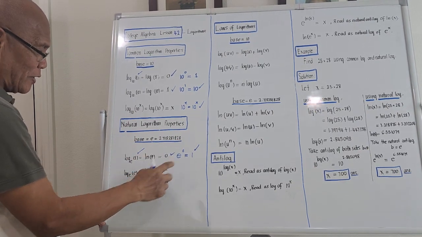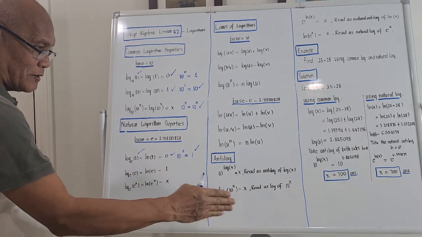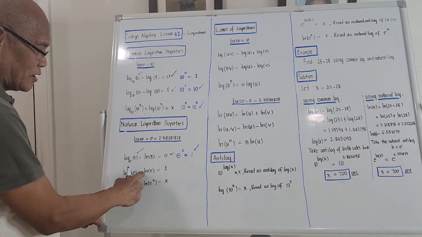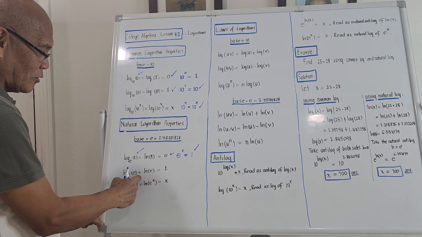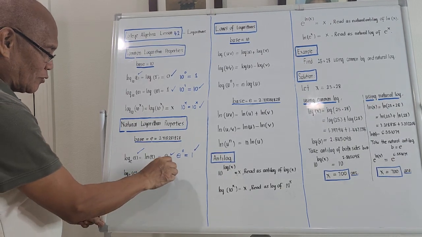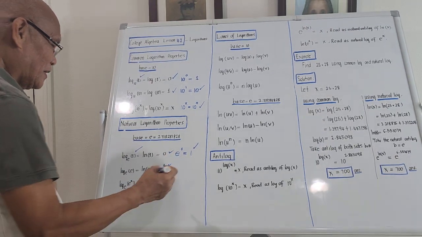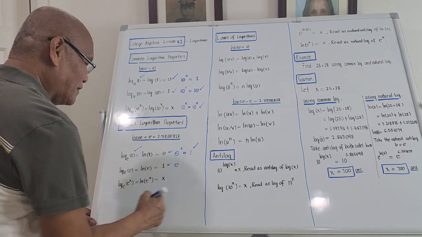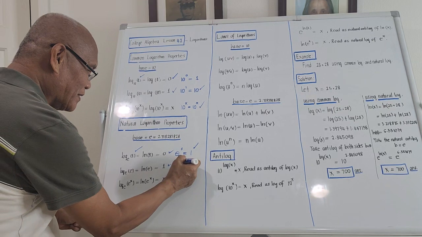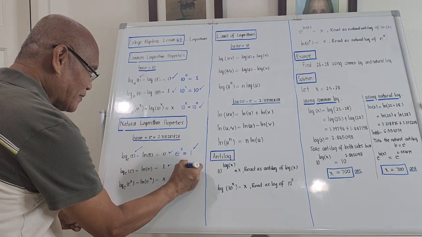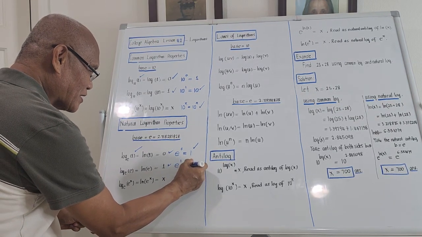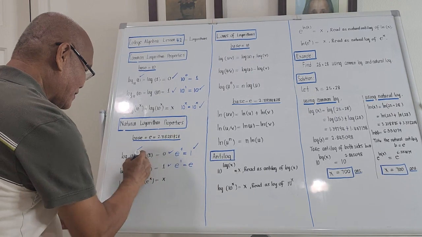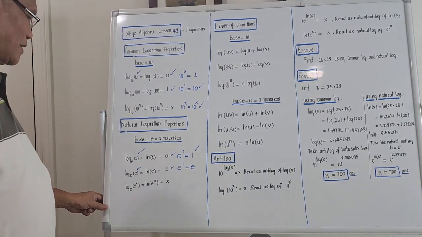But the preferred way, so we could write expeditiously, is simply ln, meaning natural log of e. And this should be equal to 1. How is that so? The base is e, right? And this one here is 1. Okay? Because e to the 1 is just e. Okay, you got it?